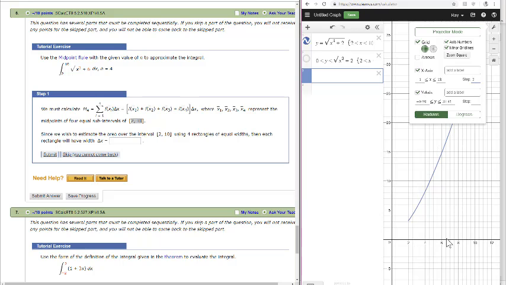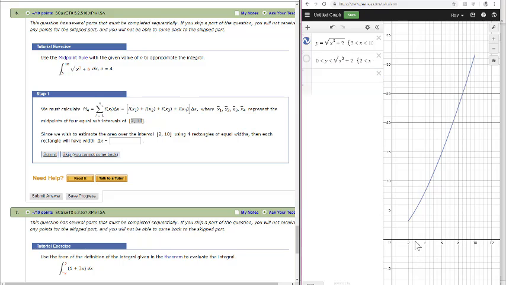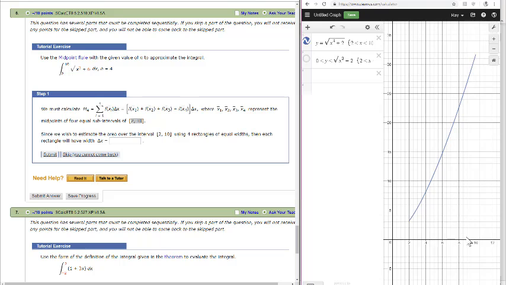From 2 to 10, we take steps of 2. So it'll be 2, 4, 6, 8, and 10. So these are the intervals that we're looking at.